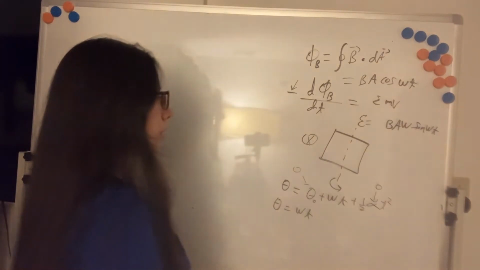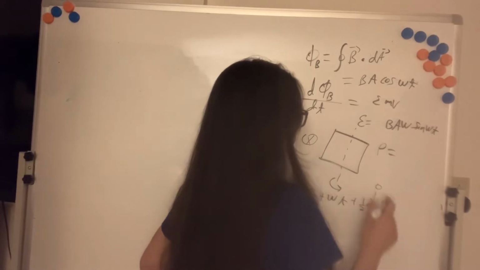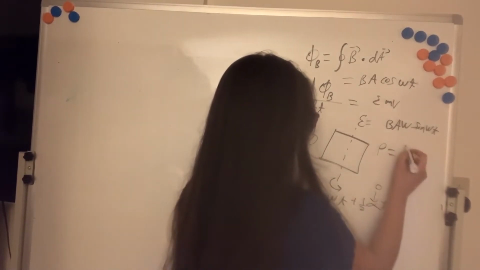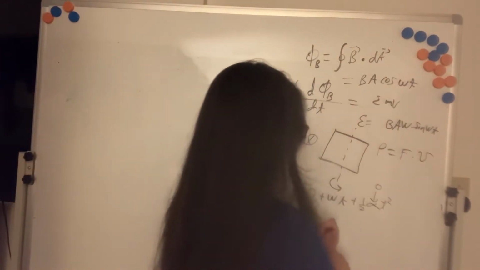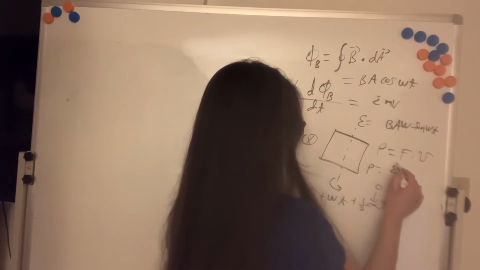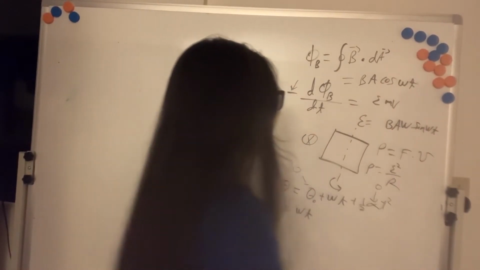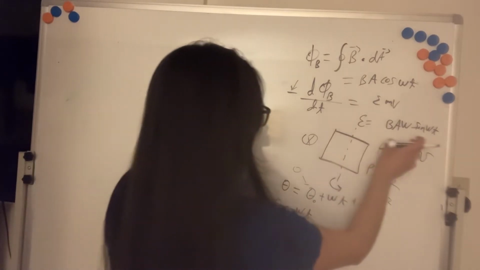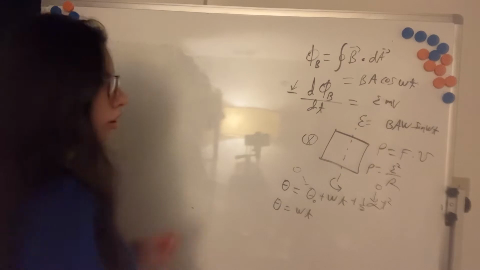And then we have the power, which is the force times the velocity, or also the electromotive force squared over r. So here we will just have this squared over r, that is the resistance.